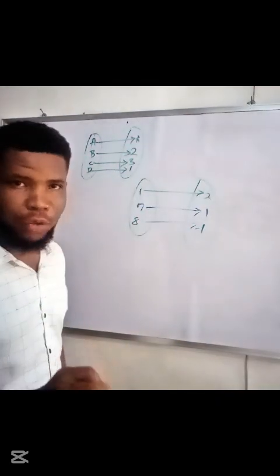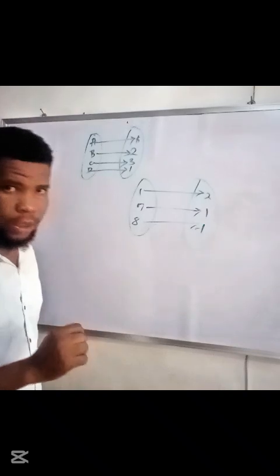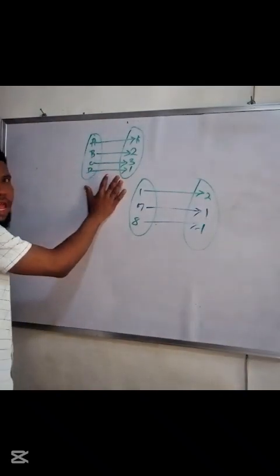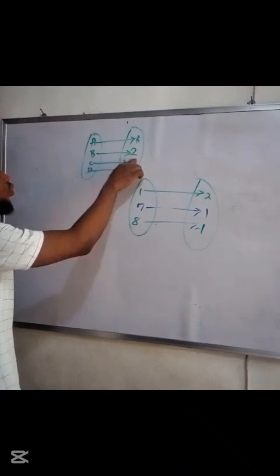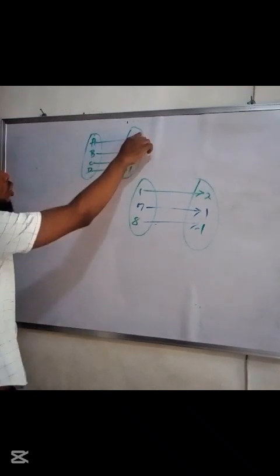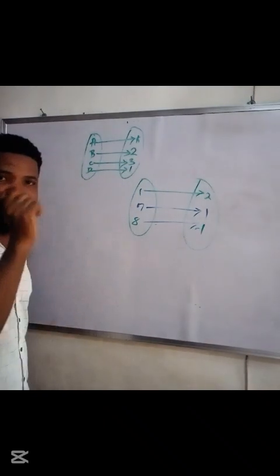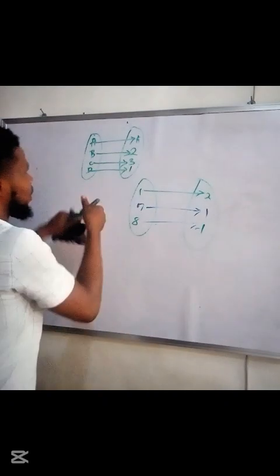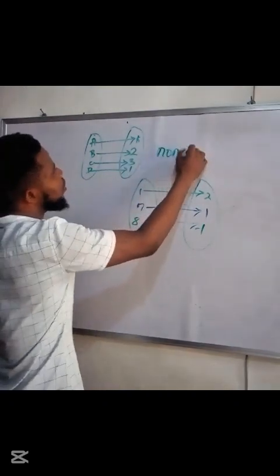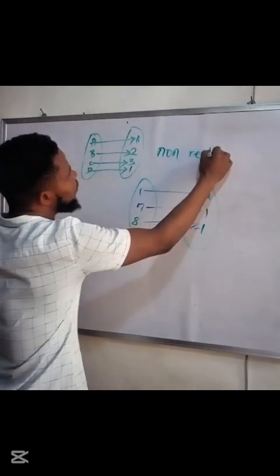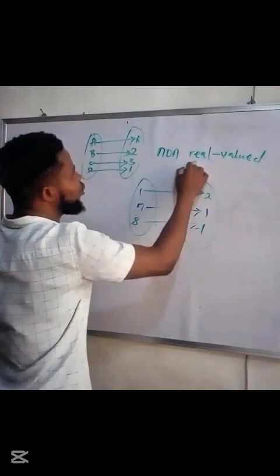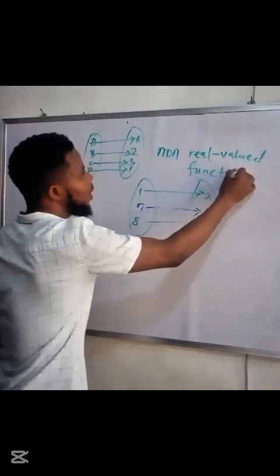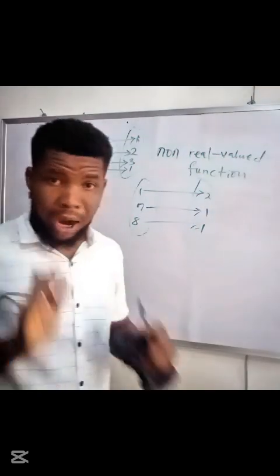We have real values, so that is a real valued function. But in this case, you can see a letter here, K. A gives you K, and B gives you 2, C gives you 3, D gives you. So this is not a real valued function. Non-real valued function. I hope you understand that.